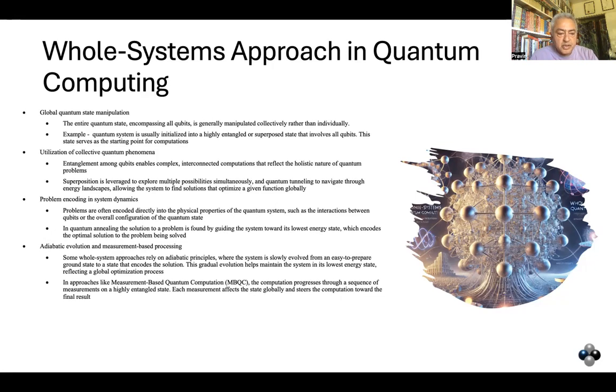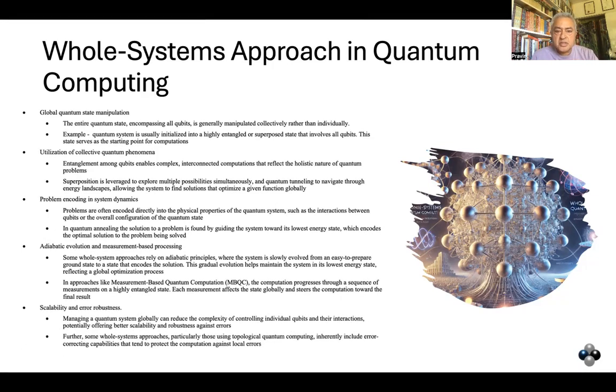We have the idea of measurement-based quantum computation that starts with putting all qubits in a highly entangled state to represent all possibilities, and then subsequent measurements generally change the quantum state at a global level and steer the computation towards the final result.